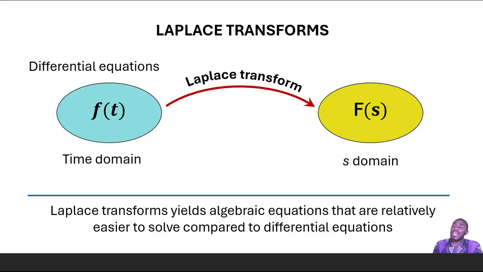Now, what Laplace does is it transforms, okay? It takes your equations from the time domain and transforms them to the S domain, what we call the S domain. So your mathematical expression ceases to be a function of time. It becomes a function of the variable S. That's how we call it, the S domain.